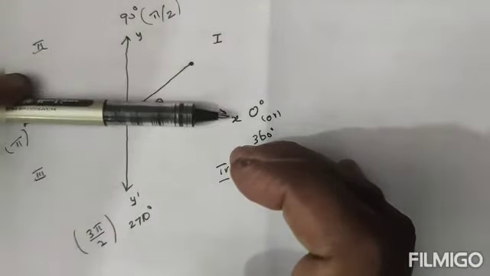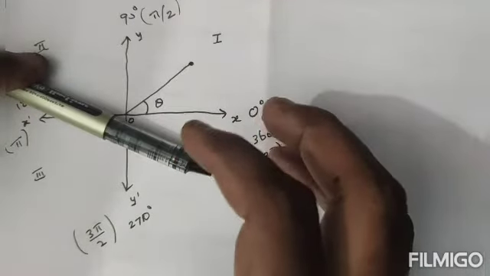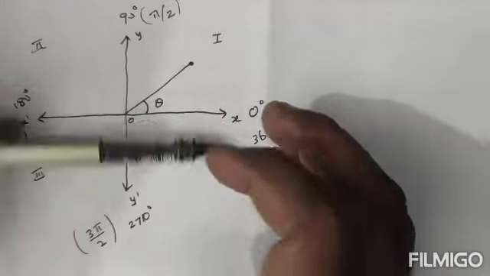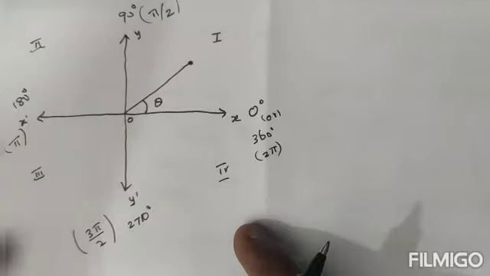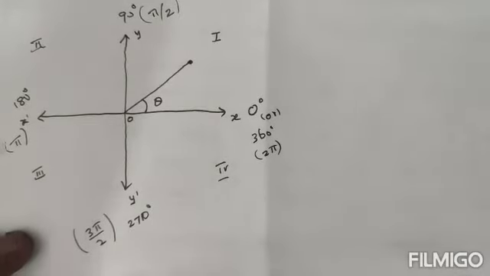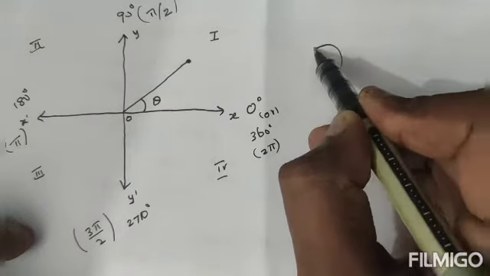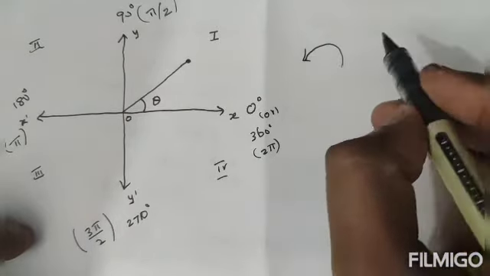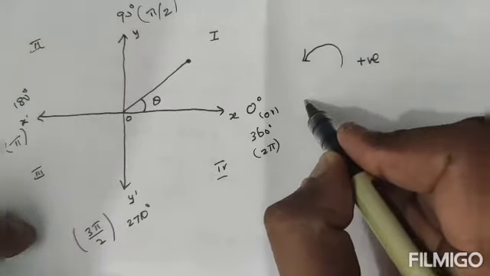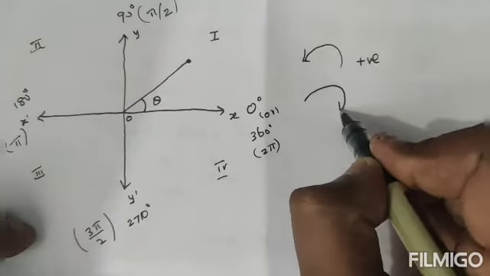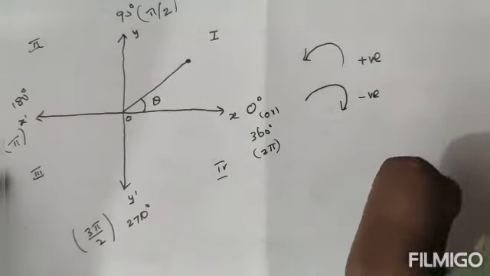And suppose it is noted clockwise, then the angle is noted as negative. So this is one more idea: anti-clockwise is positive, clockwise is negative.